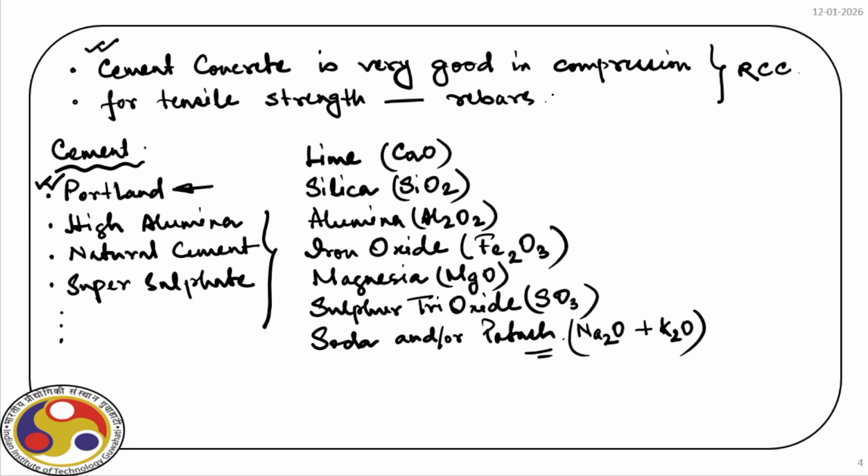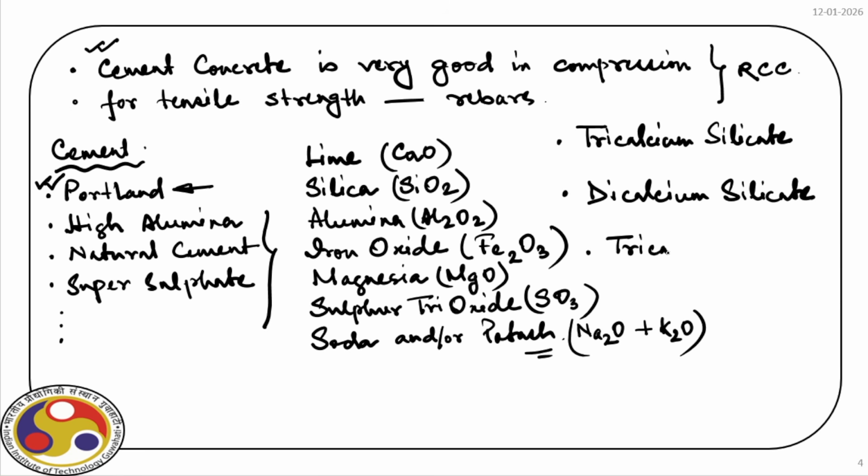They are mixed together and there is a specific process of heat treatment at very high temperature, and once they are mixed and properly processed, they form tricalcium silicate, then dicalcium silicate, then tricalcium aluminate, and then tetracalcium aluminoferrite.